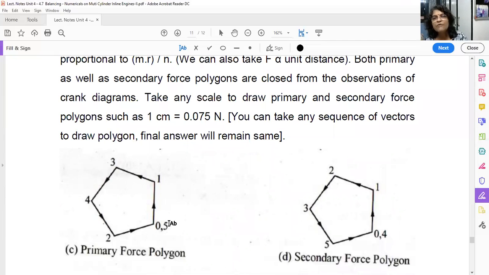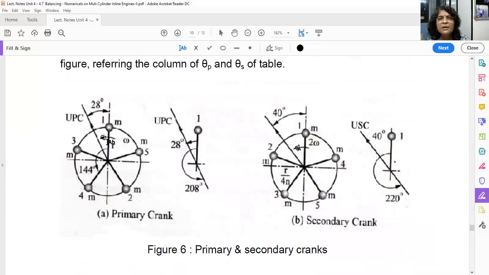Okay. So draw 1 centimeter, 1 centimeter starting from 0. So 0 to 1, 1 to 3, 3 to 4, 4 to 2, 2 to 5. You are getting a pentagon, regular pentagon. And which sequence can you follow? It is better to follow this sequence, in the anti-clockwise direction like this. From 1 to 3, 4 to 5.